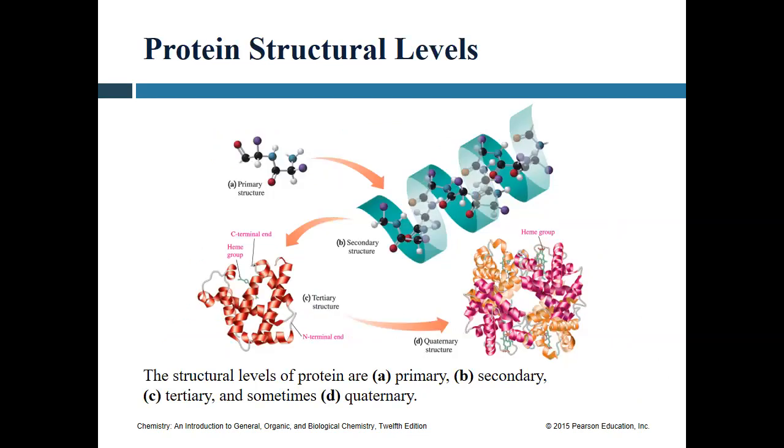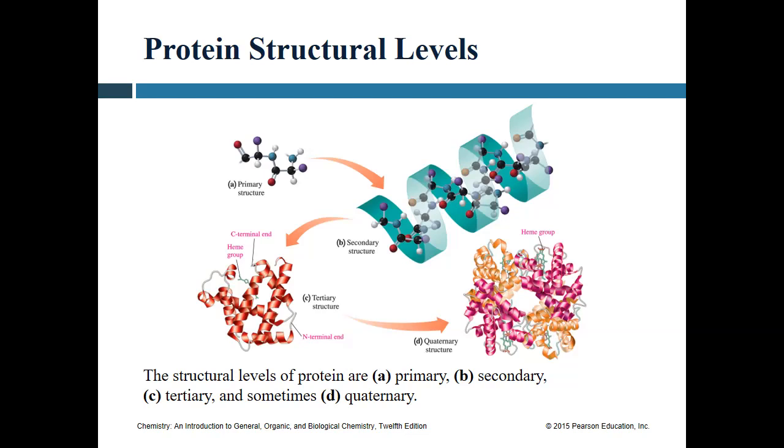And so just kind of summarizing here all of the different structural levels, again, starting here with this primary structure. Again, the primary structure is just that listing out: here are all of the amino acids in order. This is what makes up this protein strand.